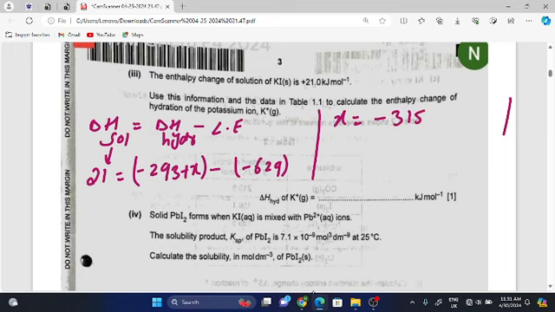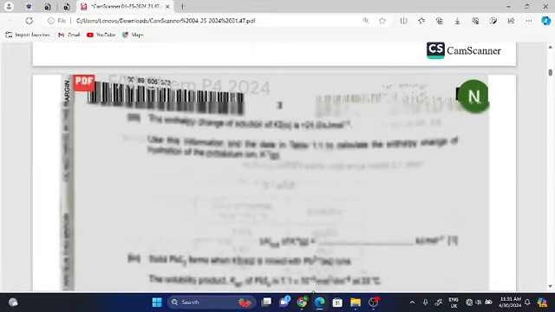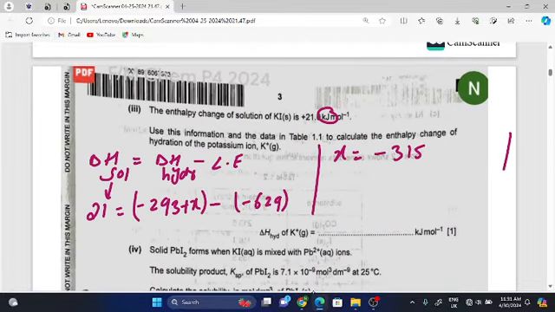You have to confirm the unit. The table values were in kilojoule per mole, and all the values in the table are also kilojoule per mole, so there is no need to convert the unit; it is already the standard one.